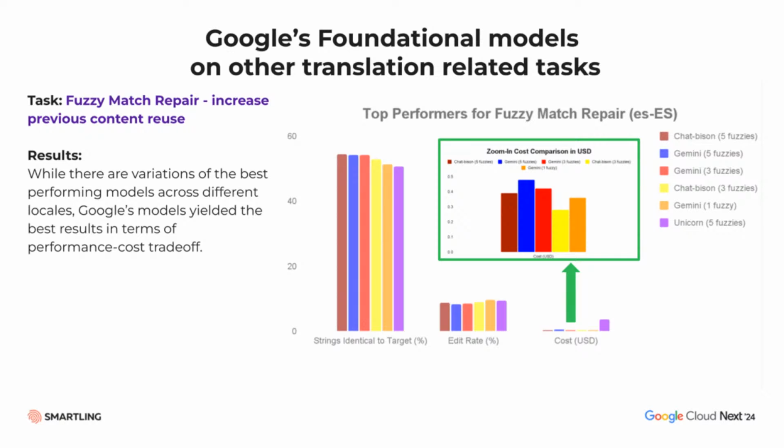That would be the Chat Bison model. But when we look at the cost performance, again, we see that for fuzzy matches, the Chat Bison model is equally the most cost attractive way of using this functionality. So I think it's the Gemini model, right? Yeah. Gemini, yes.